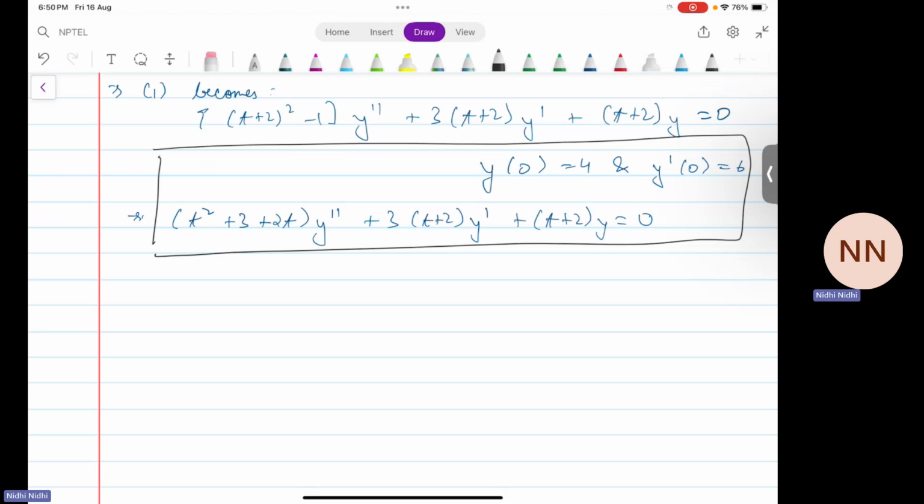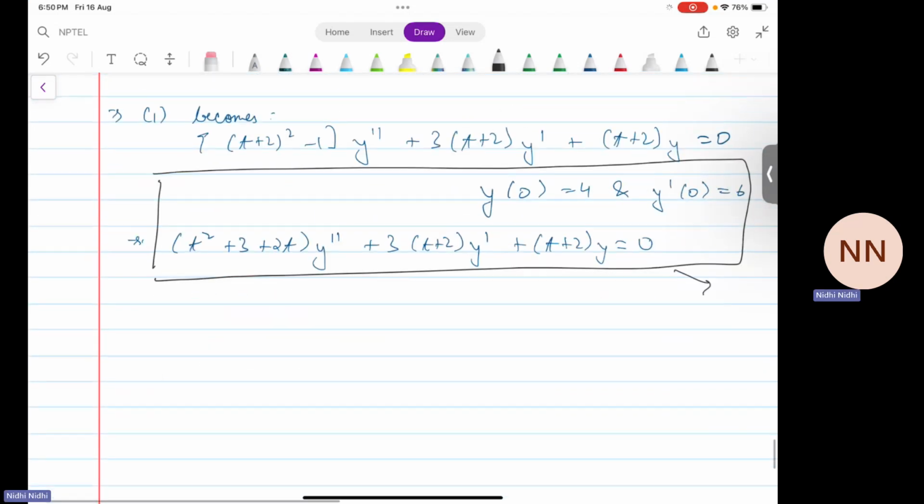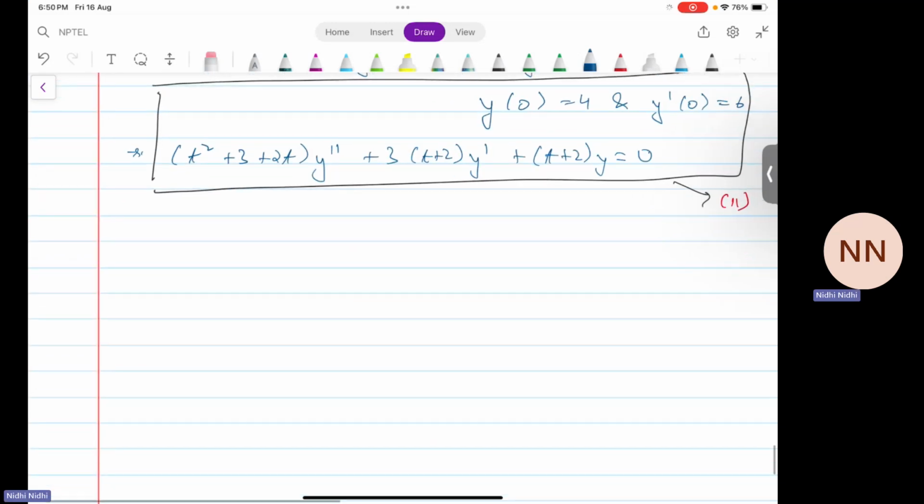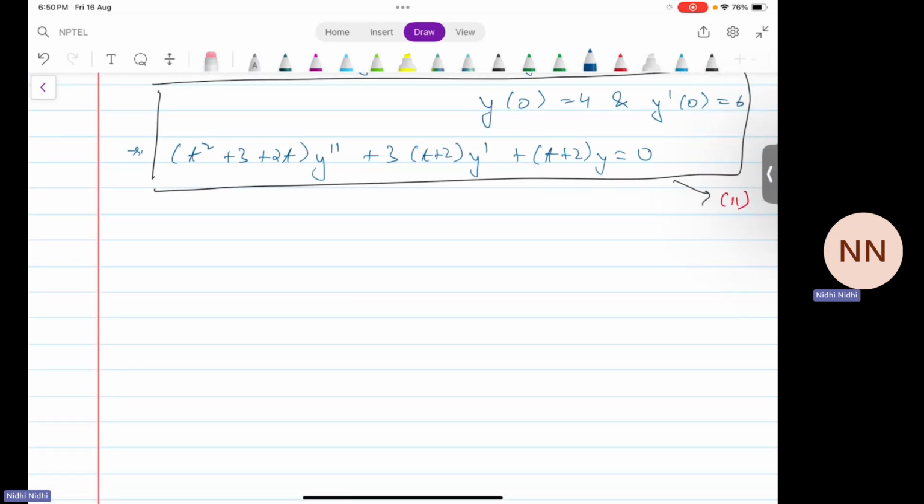Now we'll solve this. Clearly t equals 0 is an ordinary point for this equation, equation 2. I hope it is very clear enough to everyone that t equals 0 is an ordinary point for the differential equation given by equation 2.